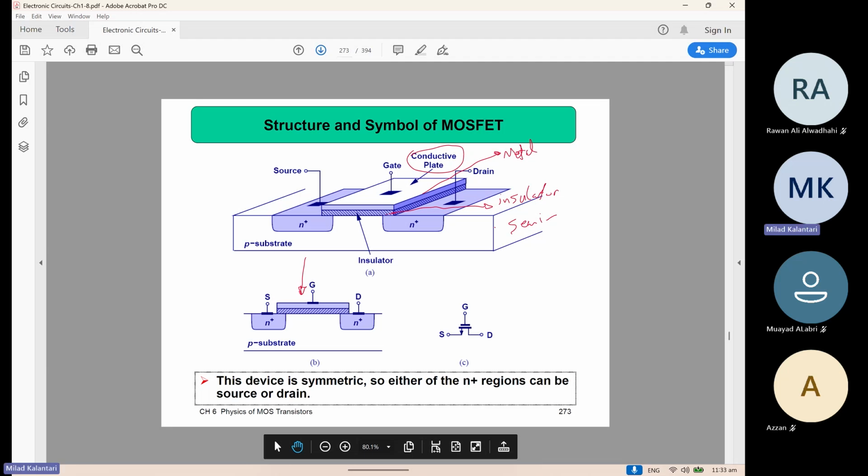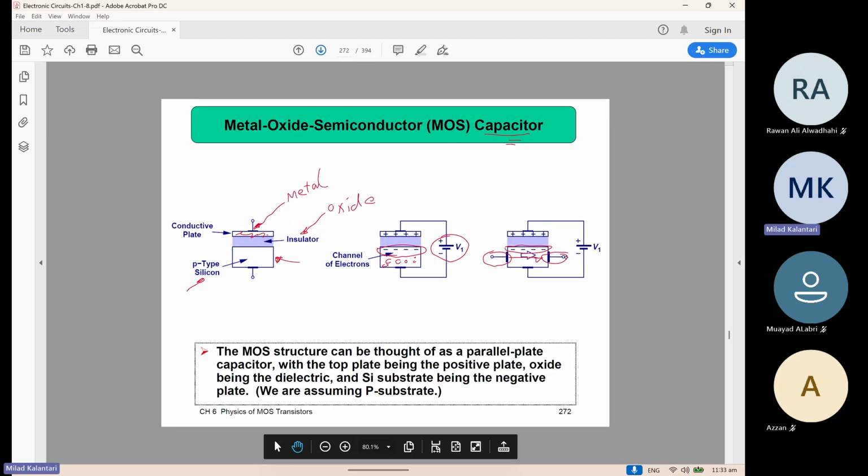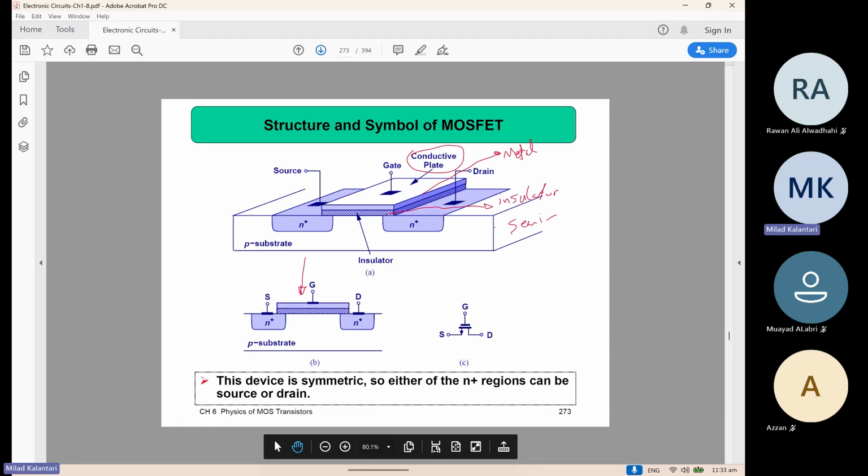And the way we get access, so you remember from the sides, we are trying to get some contact to make the current happen, right? This side access, we bring it up from this N plus region. We bring it upward instead of the side, right? And if you look at it from the cross section, it will be like this.